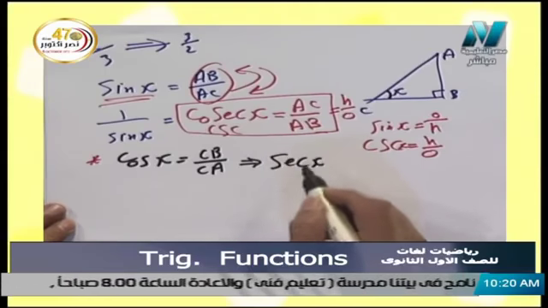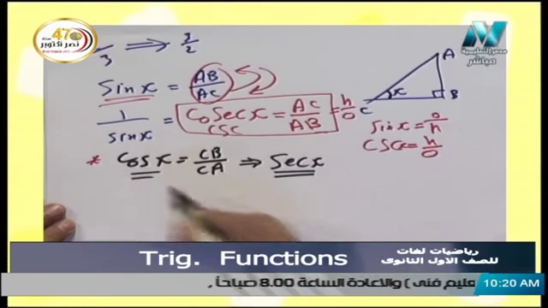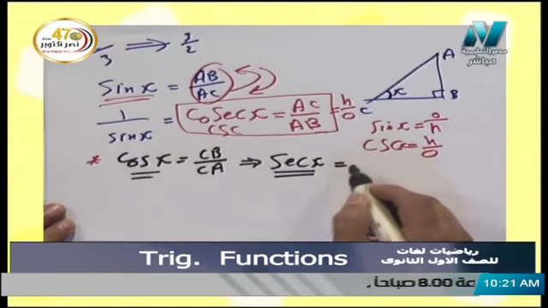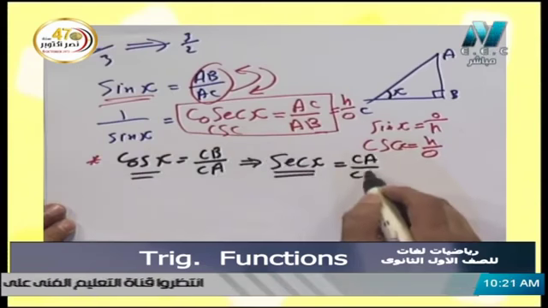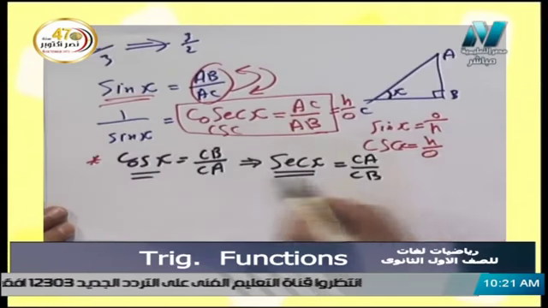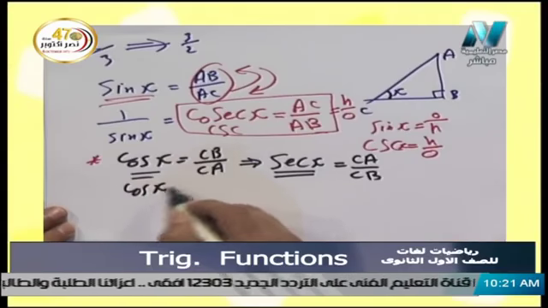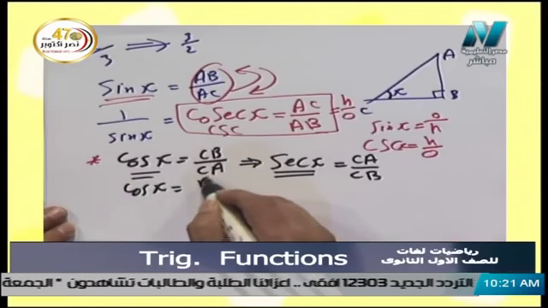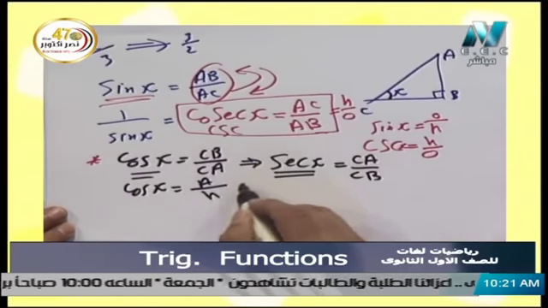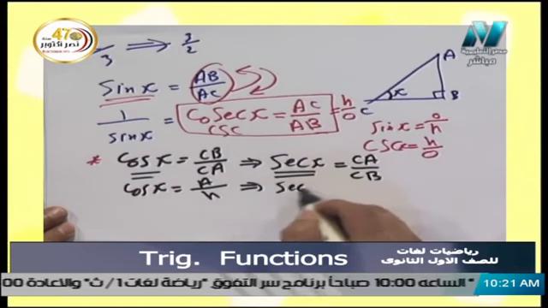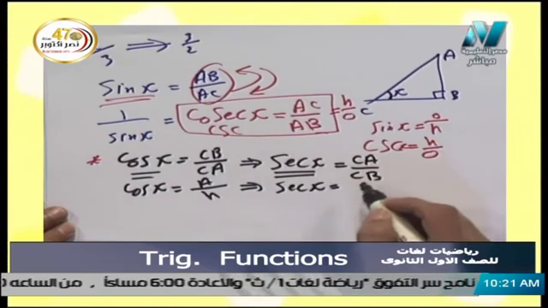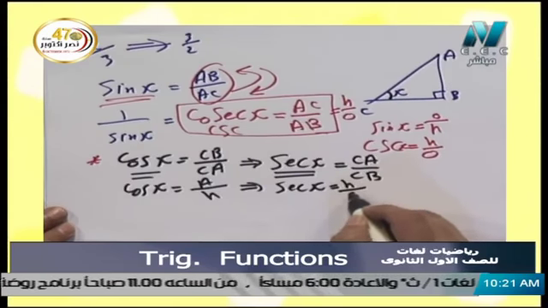Sec x is the reciprocal of cosine x, so it equals CA over CB, and cosine x equals adjacent over hypotenuse, so its reciprocal, sec, equals hypotenuse over adjacent.